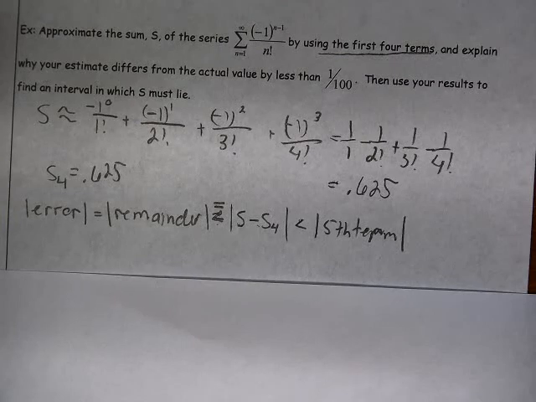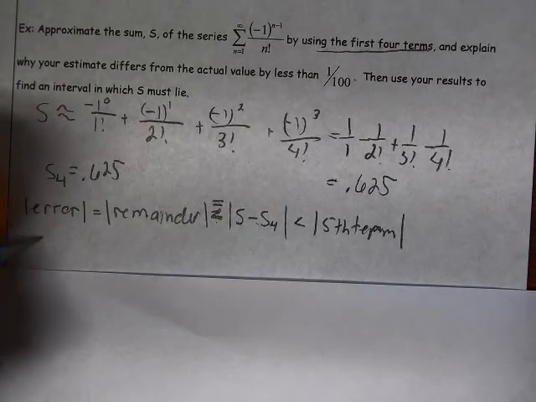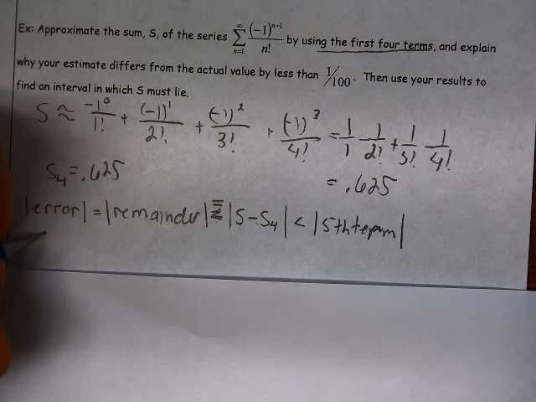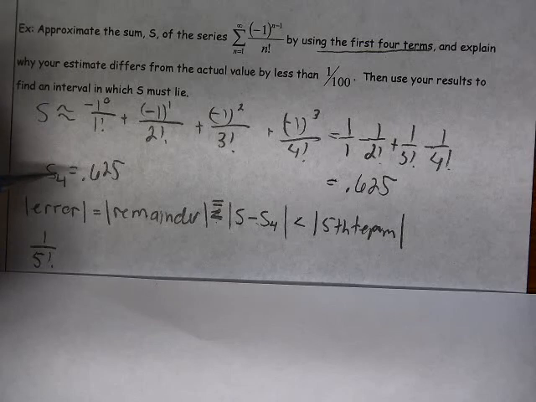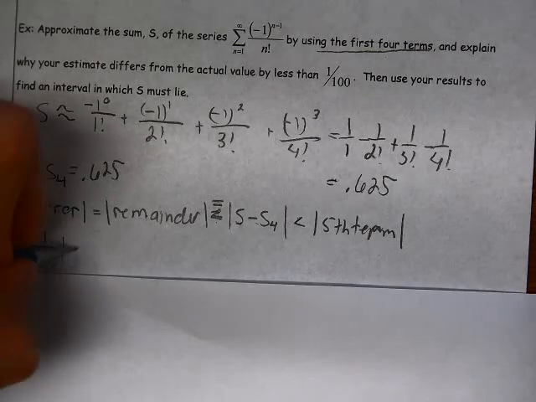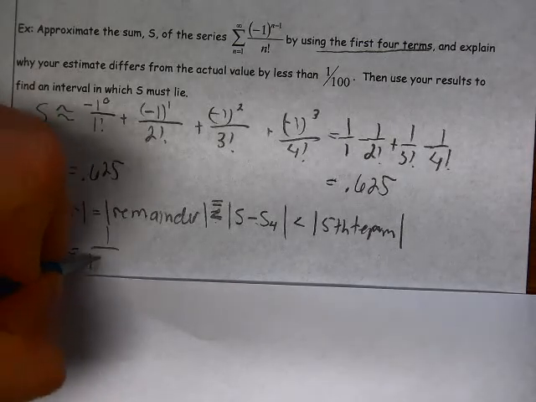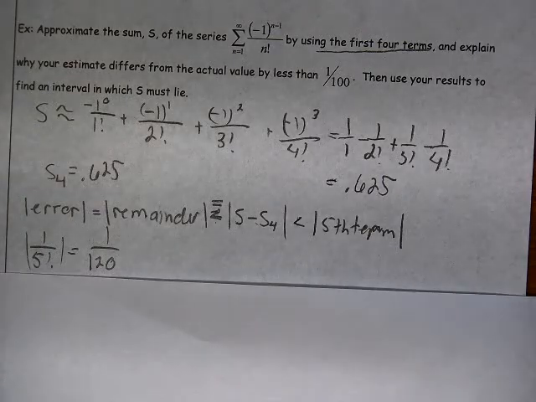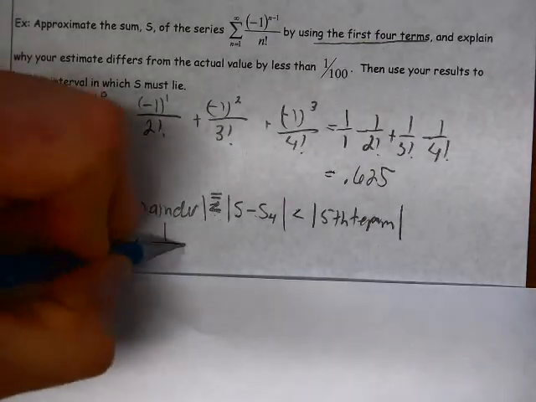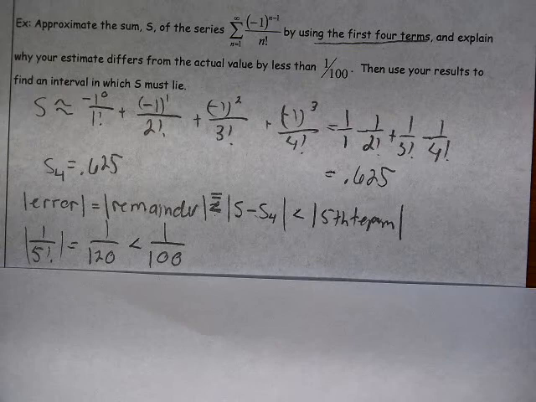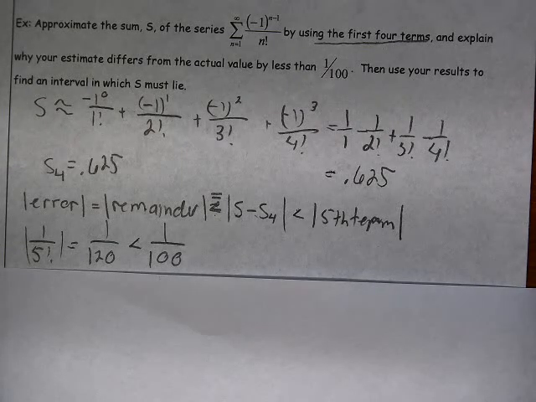Alright, so the fifth term, the absolute value of it at least, is going to be 1 over 5 factorial. So that's 1 over 120, and that is less than 1 over 100, which is what they asked us to justify.